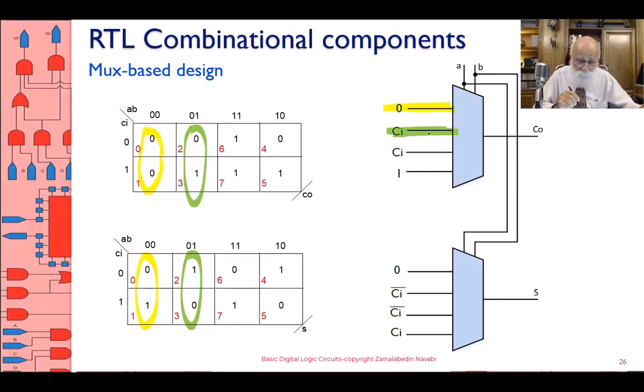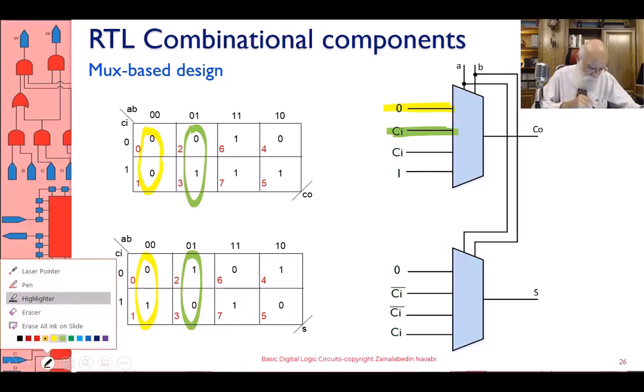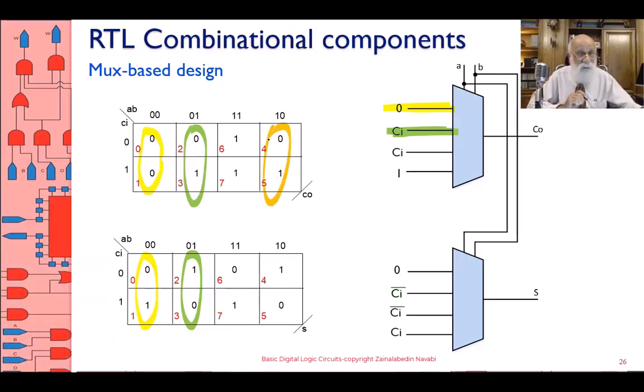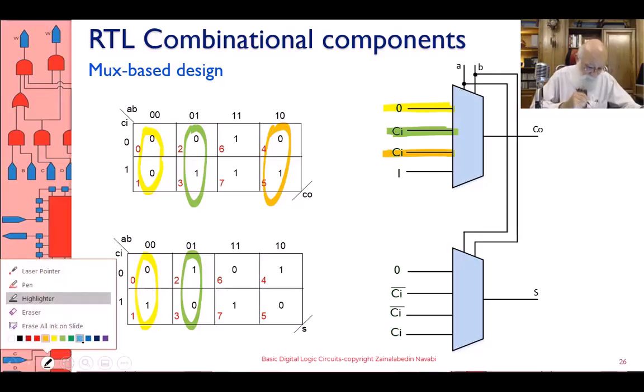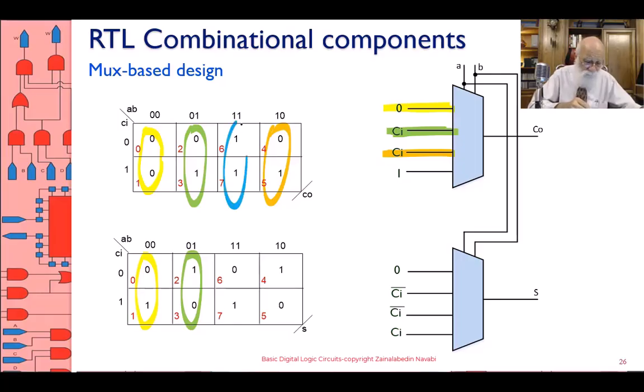The next one is 1, 0. Now let's look at that. Well, that turns out to be C in again. And then finally, the fourth one, which is 1, 1. Whether C in is 0 or 1, the input here is 1, and therefore you have a 1 here.